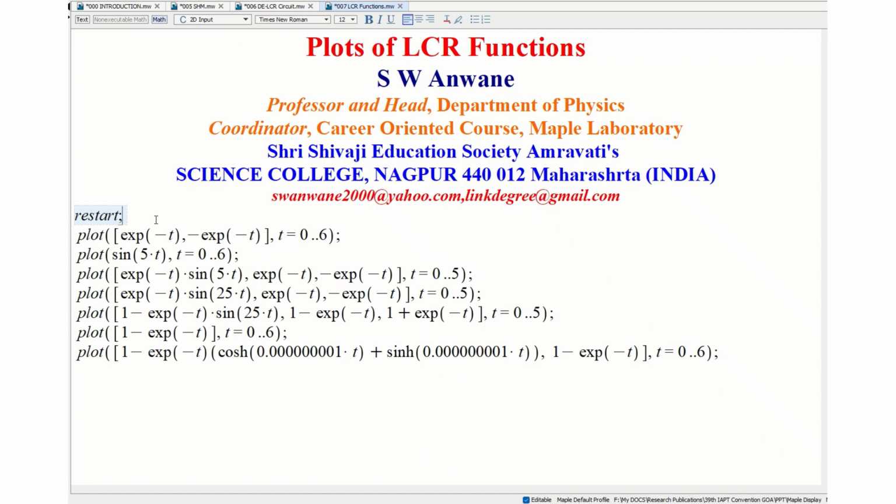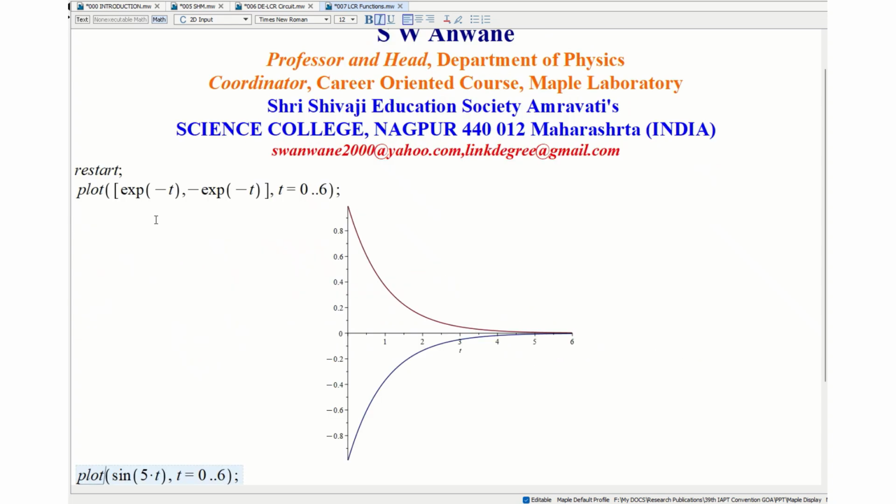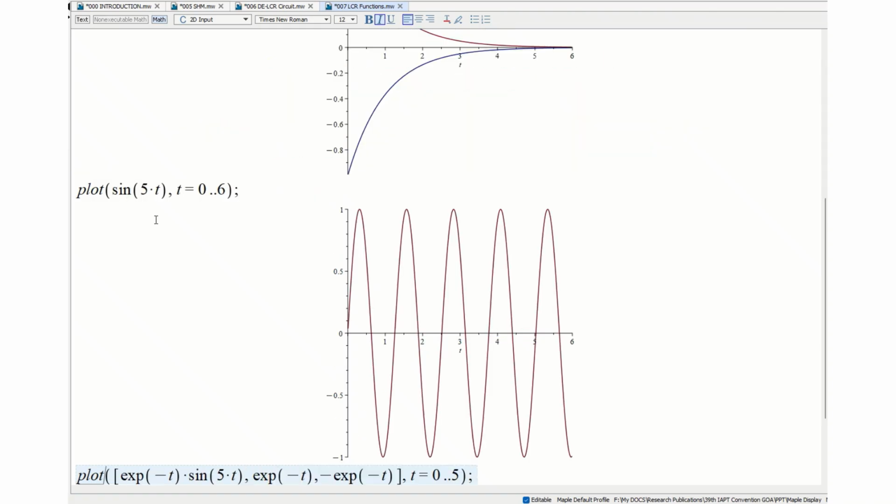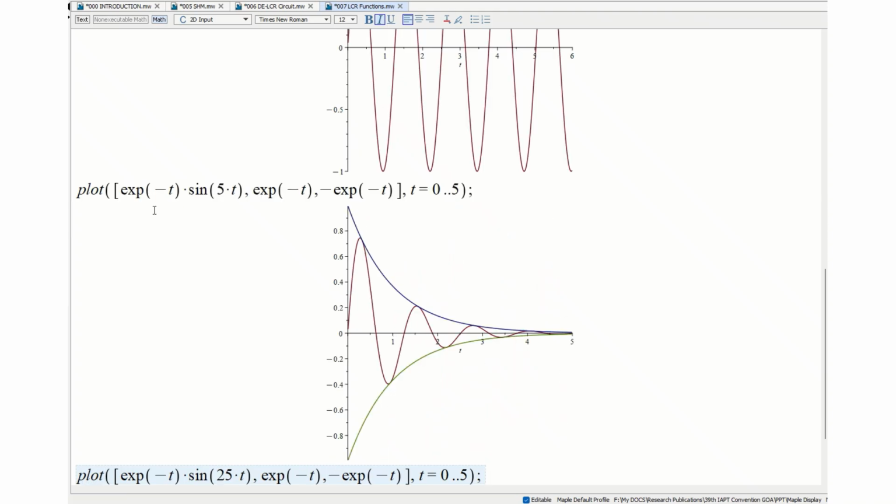Now I want to showcase the plots of the LCR function and how the exponential parameter plays a role. So here you can see the plot of e to the power minus t and minus e to the power minus t, where time runs from 0 to 6 seconds. Then you can see the plot of 5 times t, where t runs from 0 to 6 seconds. And in the next function, I have written e to the power minus t into sine of 5t.